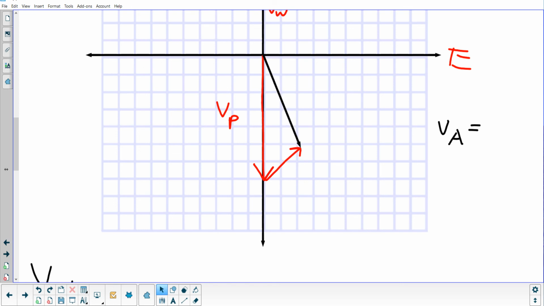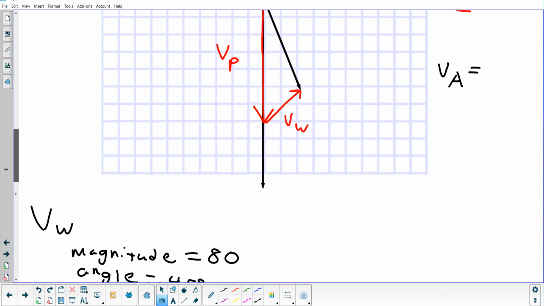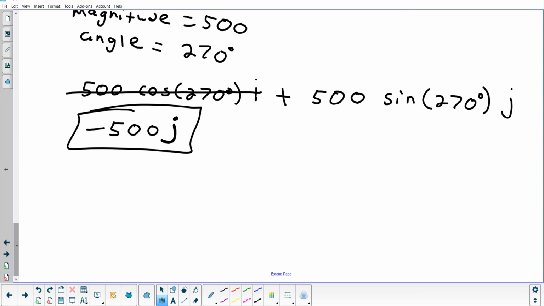It's the sum of the vector for the plane and the vector for the wind. So now sum them up, add them together. Take the wind, add the plane, and you'll get the actual.